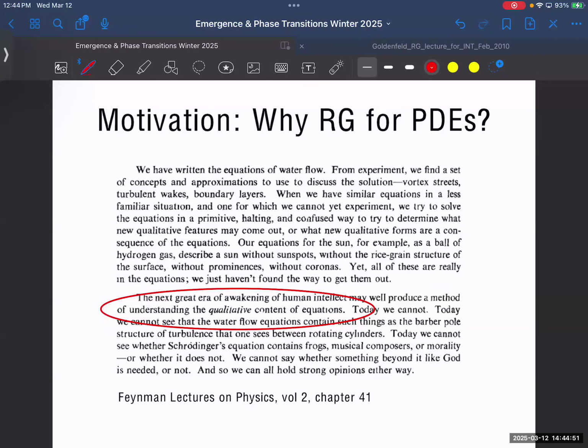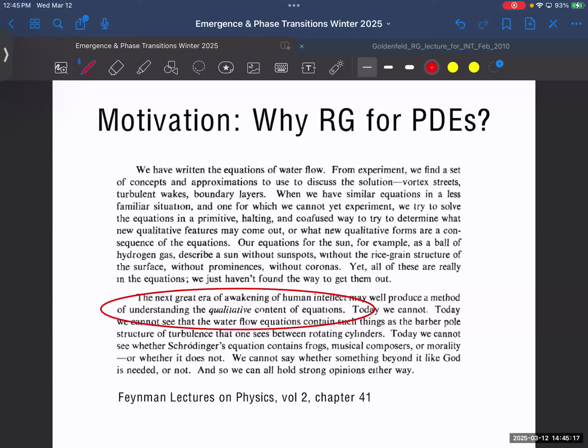From experiment, we find a set of concepts and approximations to use to discuss the solutions: vortex streets, turbulent wakes, boundary layers. When we have similar equations in a less familiar situation, and one for which we cannot yet experiment, we try to solve the equations in a primitive, halting, and confused way to try to determine what new qualitative features may come out, or what new qualitative forms are a consequence of the equations.